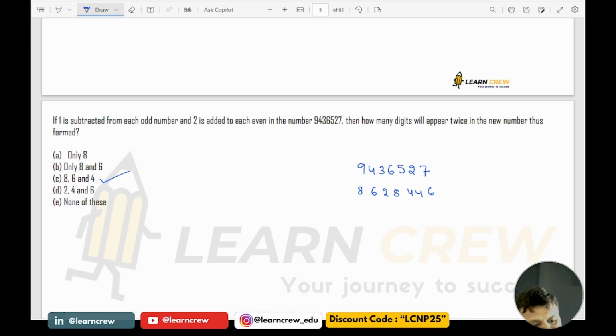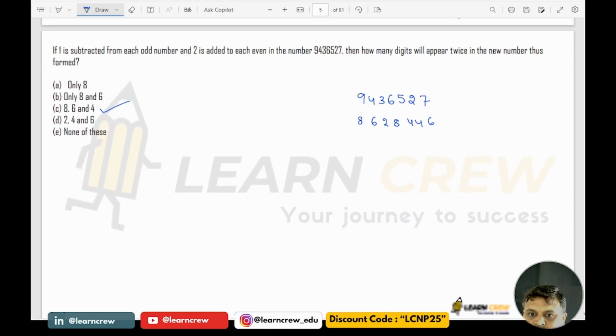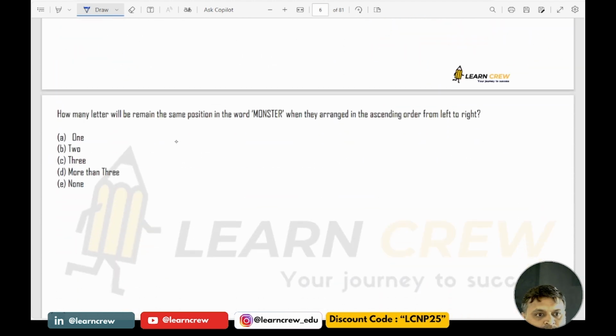Option C. Next. How many letters will remain in the same position in the word MONSTER when they are arranged in the ascending order from left to right?